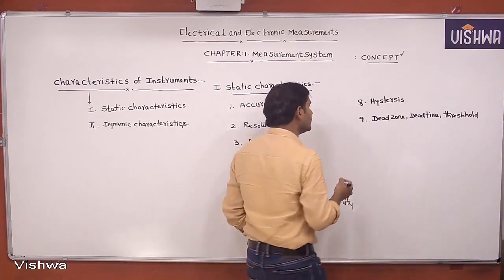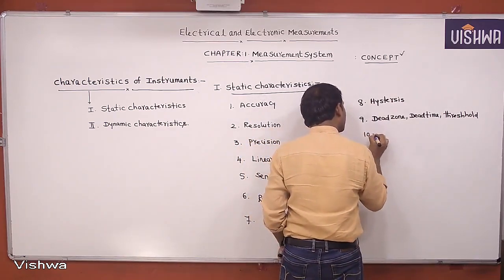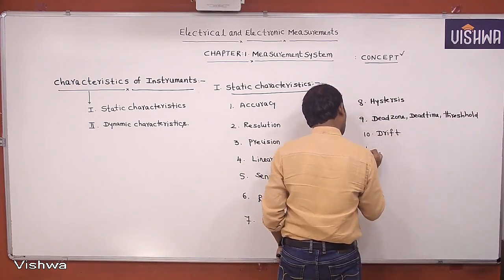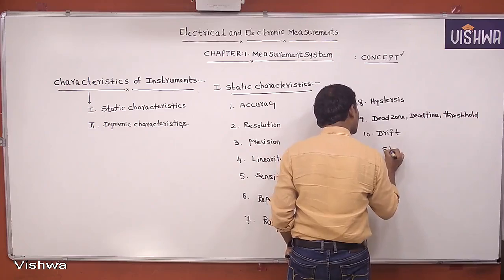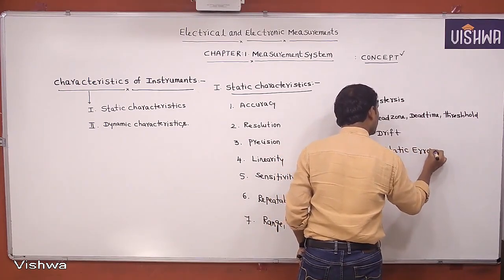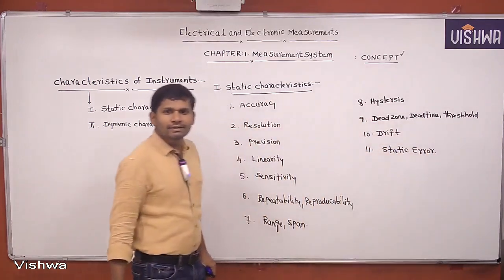The 10th one is drift of instrument. One more characteristic is static error. All these are the static characteristics of instrument.